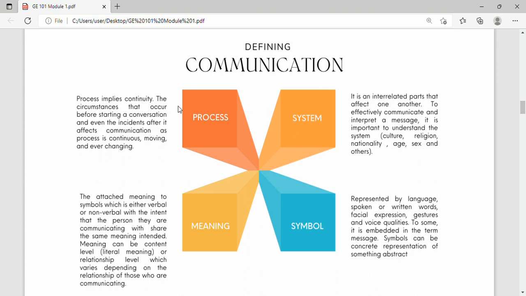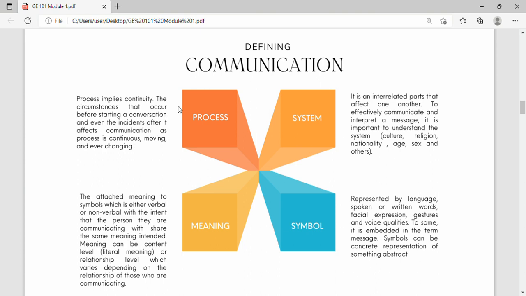So, ang sinasabi dito, through the process, yung process nito ay sinasabing continuous. So, pag sinabing continuous ay tuloy-tuloy and also ever-changing. So, yung proseso ng pag-iisip natin, yung proseso kung paano tayo makipag-communicate, nagbabago siya over time.